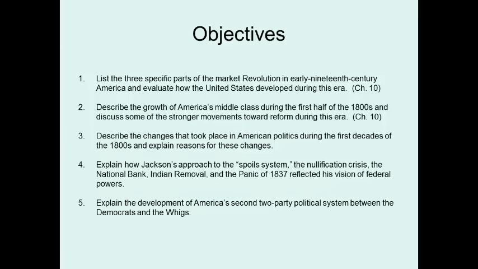You should be able to describe the changes that took place in American politics during the first decades of the 1800s and explain reasons for these changes. You should be able to explain Jackson's big issues of the spoils system, nullification crisis, bank war, Indian removal, Panic of 1837. And you should be able to explain the development of America's second two-party political system.